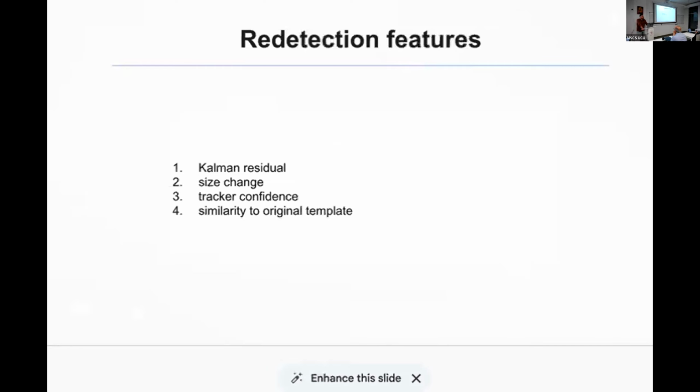We would like to use a Kalman filter and predict the position of our object, and if there is a significant difference, we would like to make a bigger search template, and if it still can't find it, we would like to use previous features to find our object.